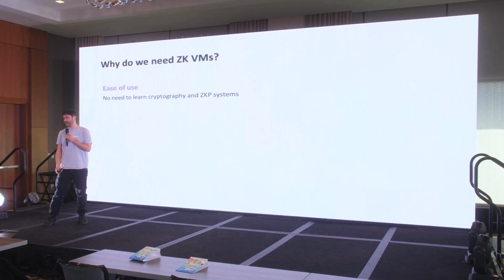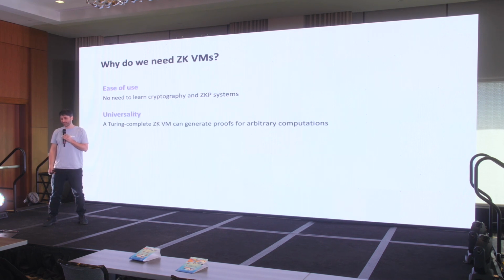So why do we need ZK-VMs? Basically, it's way easier to use. We don't need to learn cryptography, we don't need to code circuits, like people were doing two years ago. Now we can build real programs in Rust or in any other language and get a proof of execution after it.